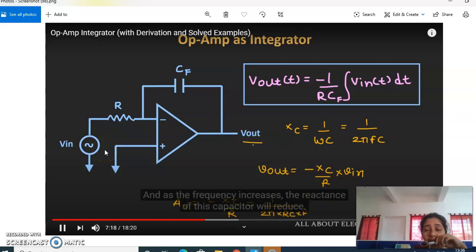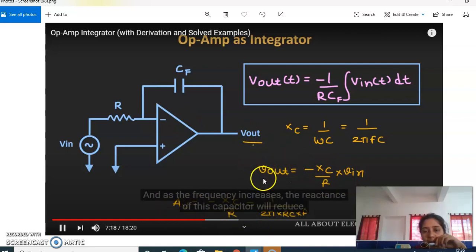It is not a non-inverting operational amplifier, it is an inverting operational amplifier, right? For the inverting operational amplifier, the expression for output voltage is minus Rf by R1. Here Rf, the feedback resistor, is replaced by Xc, the reactance of the capacitor, divided by R into V in, right?